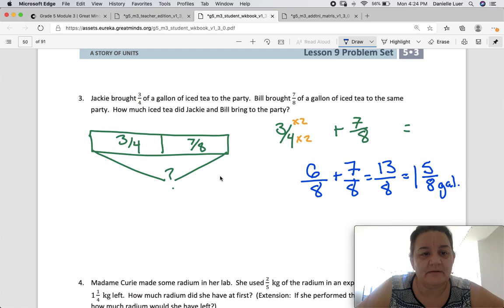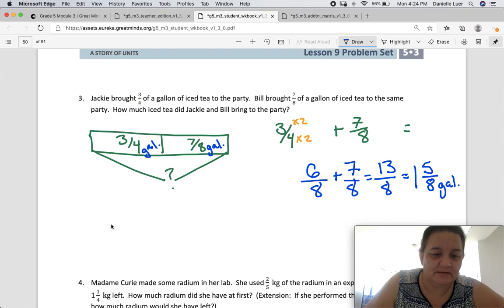Okay. Jackie brought 3/4 of a gallon of iced tea. Okay. And Bill brought 7/8 of a gallon of iced tea to the same party. How much iced tea did Jackie and Bill bring to the party? 1 and 5/8 gallons. Okay.